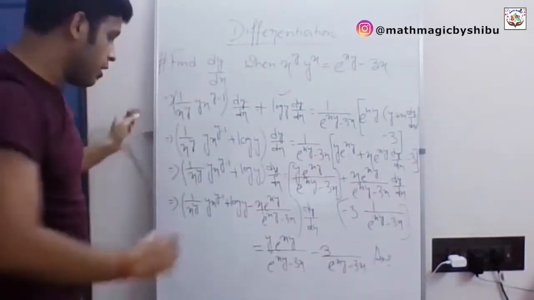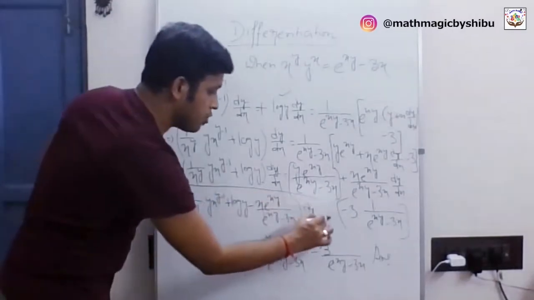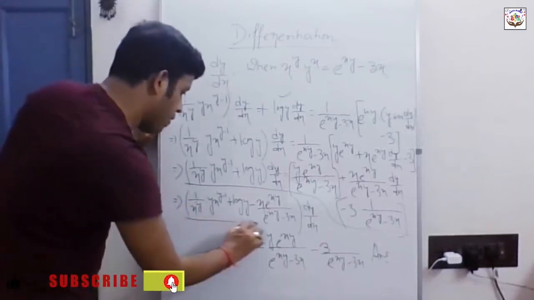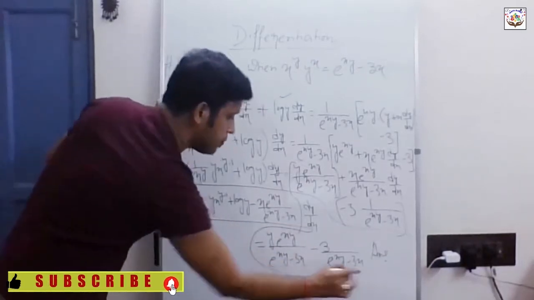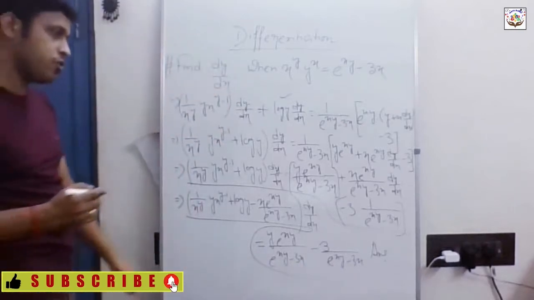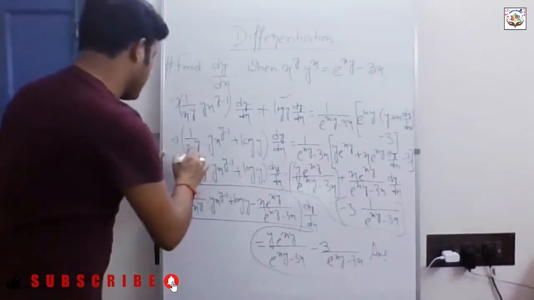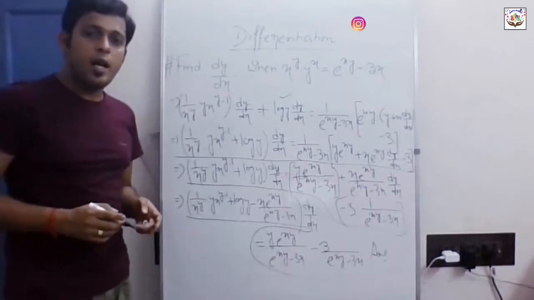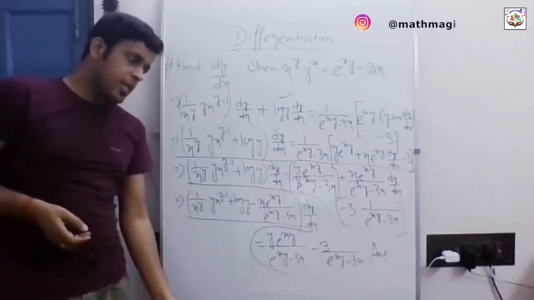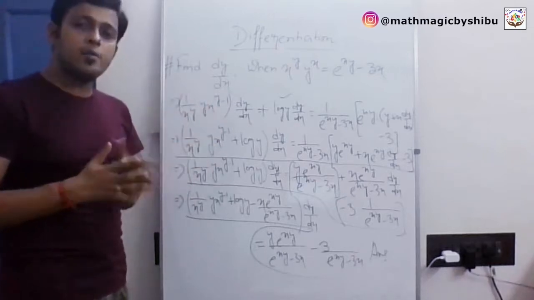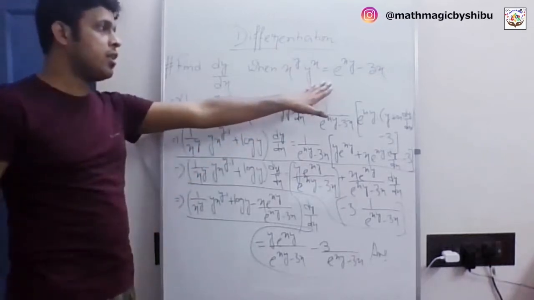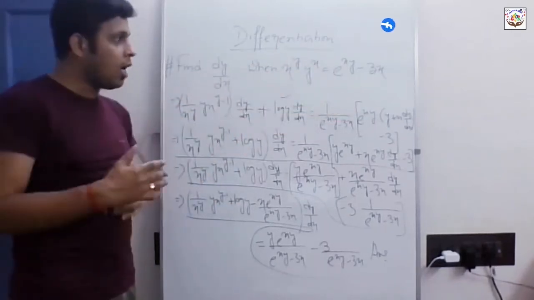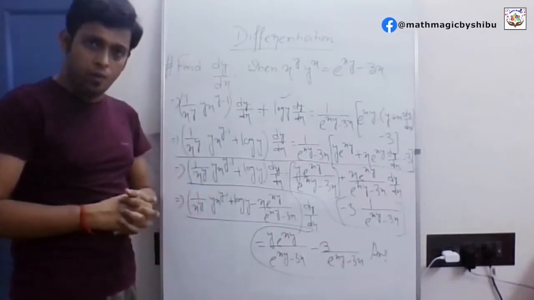Don't get confused with the steps. This step is this one and this step is this one. So I think you would be able to understand. Just follow from where I have started, how I have converted the log term, how I have imposed the log on both sides, and how I have implemented the formula of log.